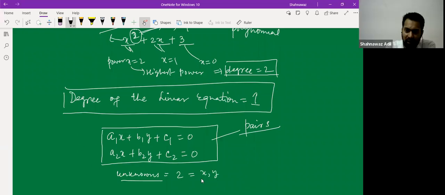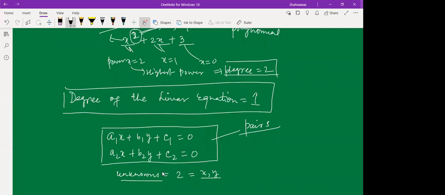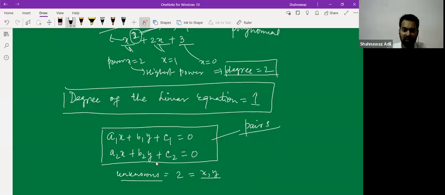X and Y, right? And what is the degree of this equation? So the power of X is what? 1, right? The power of Y is 1, and this is 0, something unknown to the power.